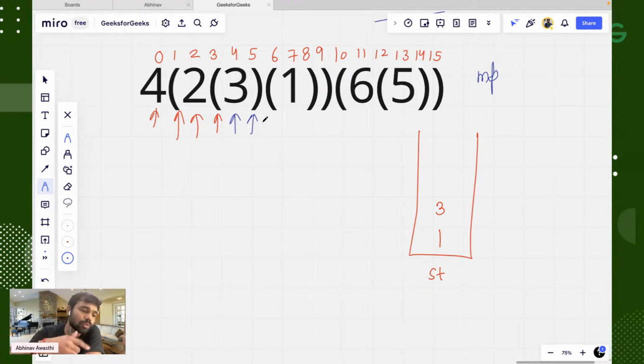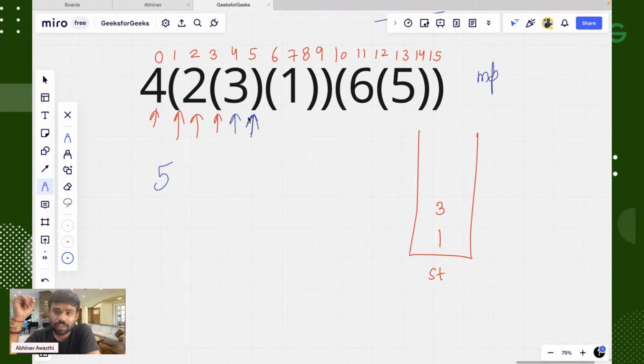So whenever we have a closing bracket we will pop, but we will not just pop it. So what does it mean? When we have the closing bracket, it also signifies, because we know that this is a valid parenthesis, that the closing bracket which we currently have, which is at index number 5, is the closing bracket corresponding to that opening bracket which is at the top of the stack.